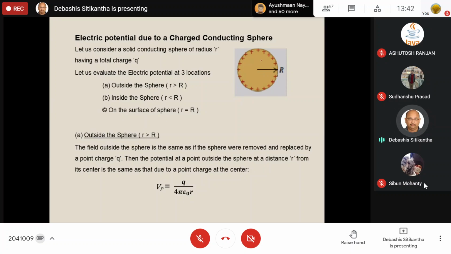So if I am having a sphere like this and I want to find the electric potential at the point P, let us say the distance between the center and this point P is equal to small r. The first thing that I will do is replace this entire sphere by a dot like this, or a point charge. Why? Because here the volume and the surface area are not going to play any role.